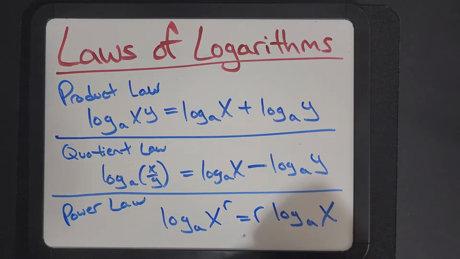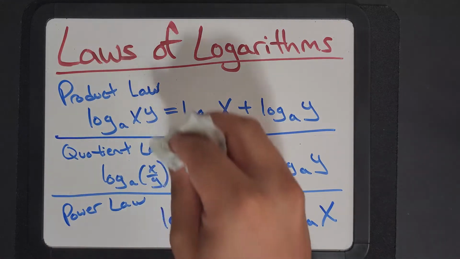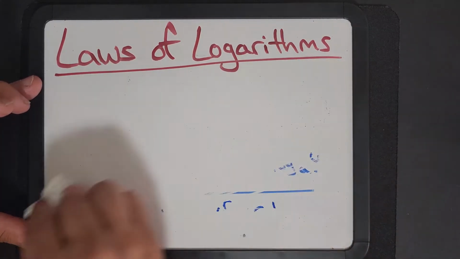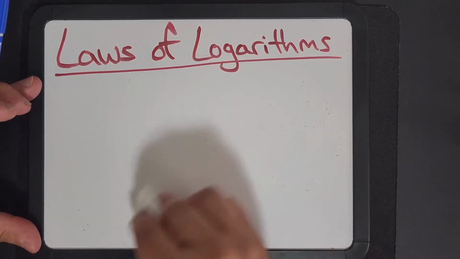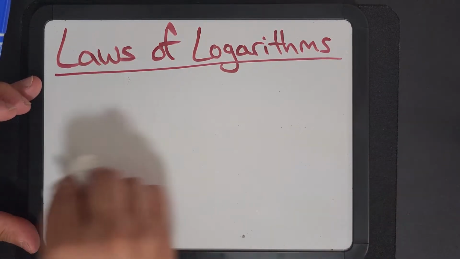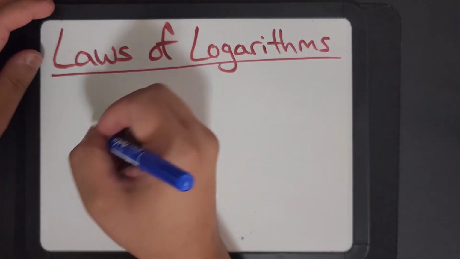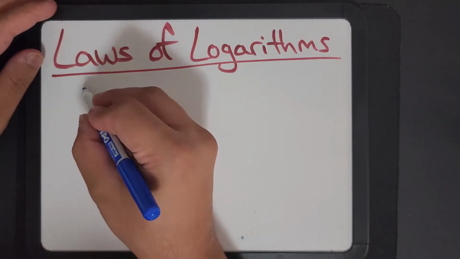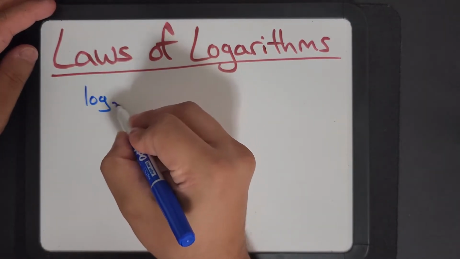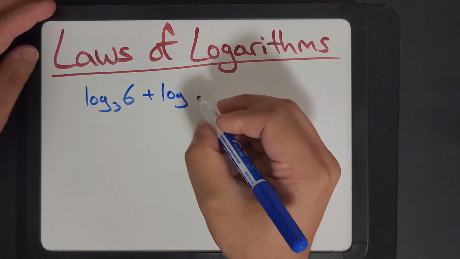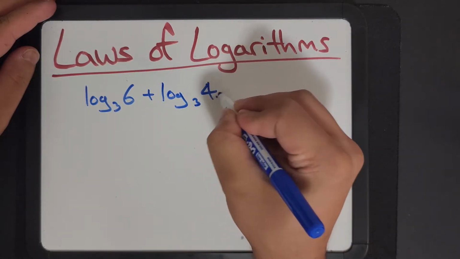So let's see if we can actually do some examples with these. Let's say we have log base 3 of 6, plus log base 3 of 4.5.